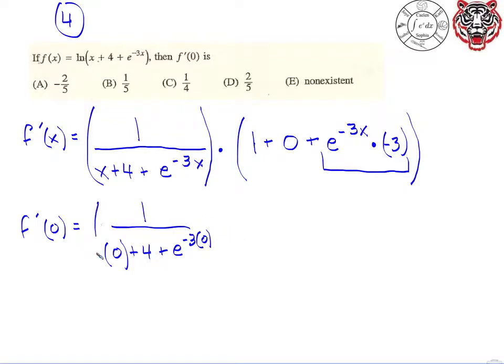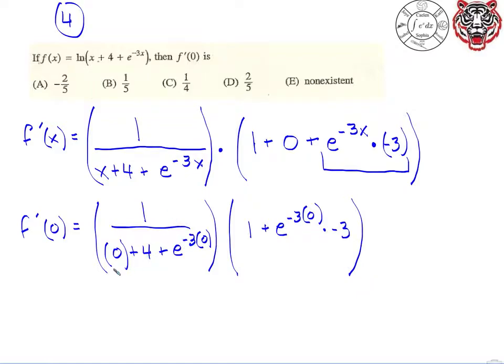This is all going to be multiplied by 1 plus e to the negative 3 times 0 times negative 3. I guess I could have done negative 3e to the power of 0, but whatever.